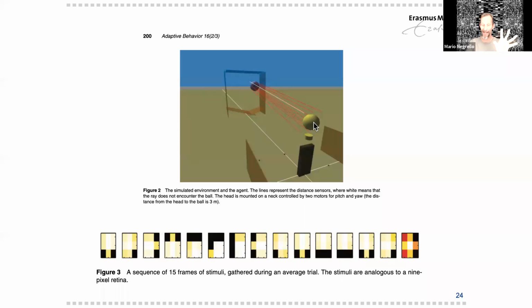And there are 9 input sensors here that are basically retinal photoreceptors with a certain receptive field. For example, if the robot is looking at the ball, it can have patterns that would look like these 3 by 3 input spaces. So this robot has 9 photoreceptors, a super simple eye, a super simple neck, simply up and down. And we want it to follow the ball.